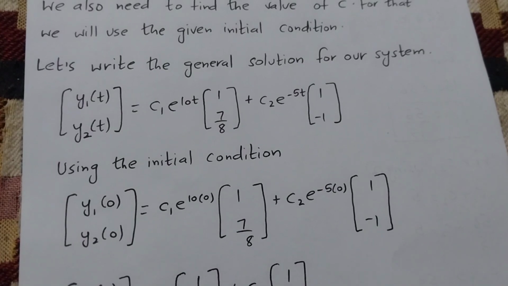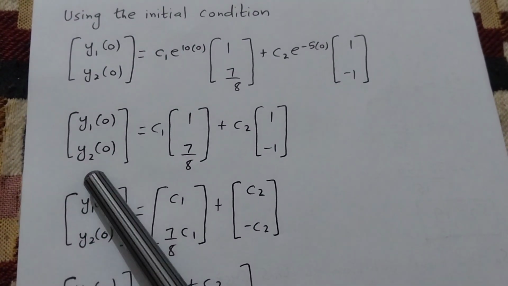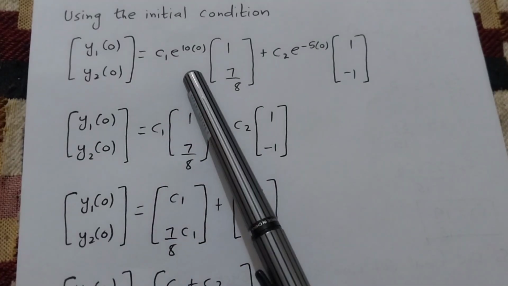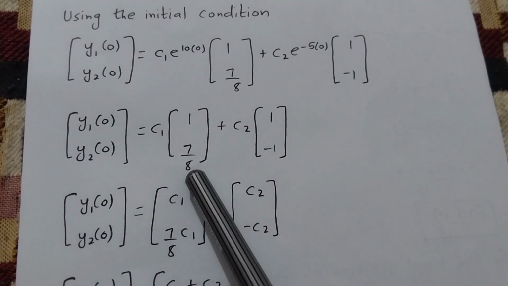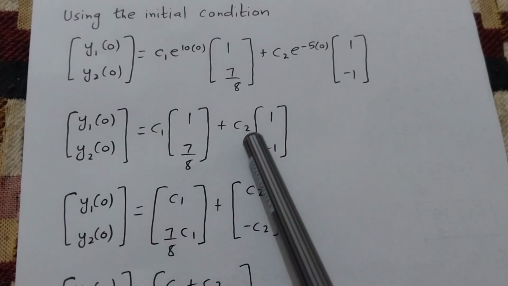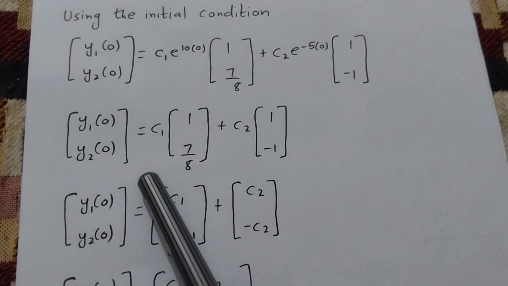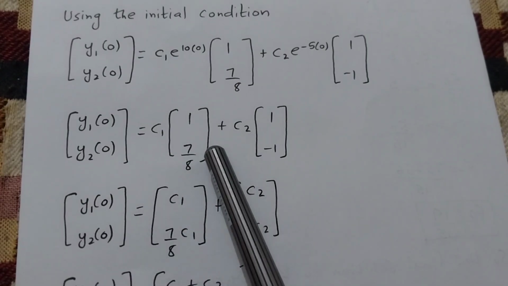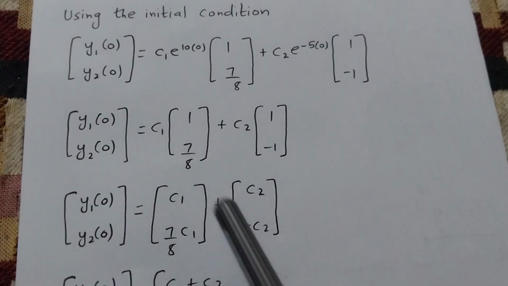So we get y1 of 0, y2 of 0 is equal to c1 into e raised to power 10 into 0, which is 0, and e raised to power 0 is 1. So c1 into 1 into 1 and 7 by 8, plus c2 into 1 and minus 1. We can multiply a constant to a matrix or to a vector. So c1 will be multiplied with this 1 and this 7 by 8.